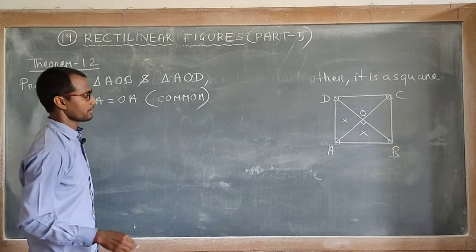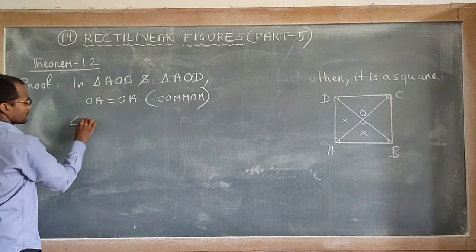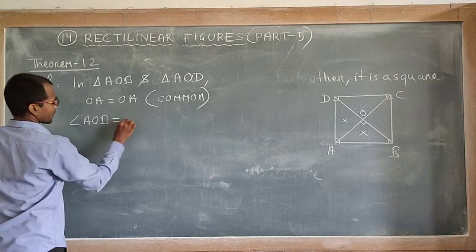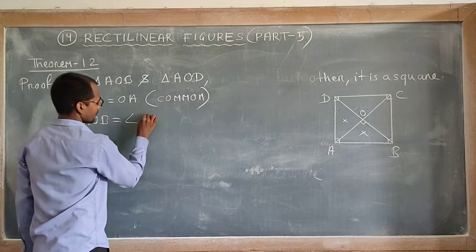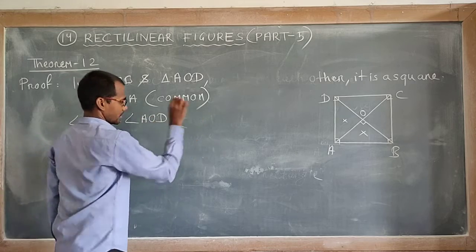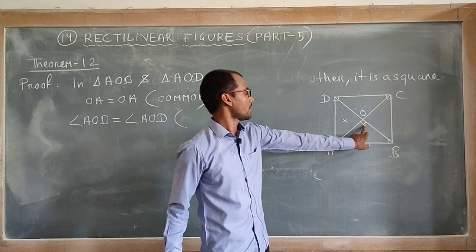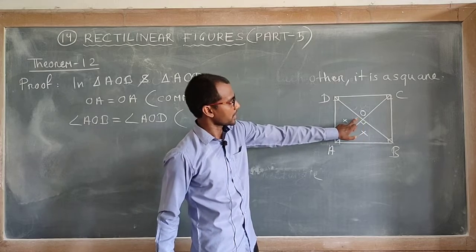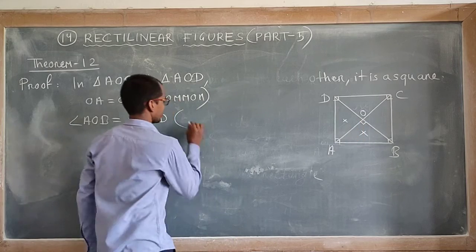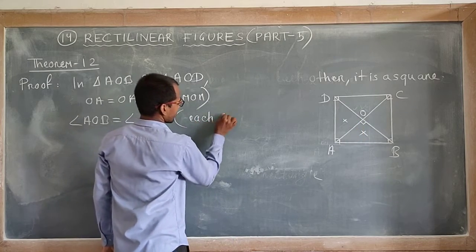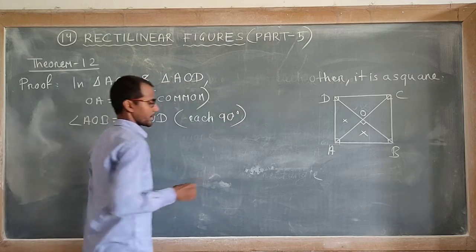Angle AOB is equal to angle AOD. This angle is 90, this angle is also 90, so we can write each 90 degrees.